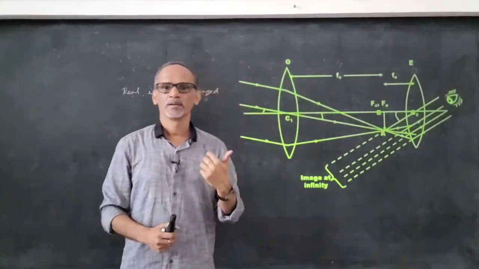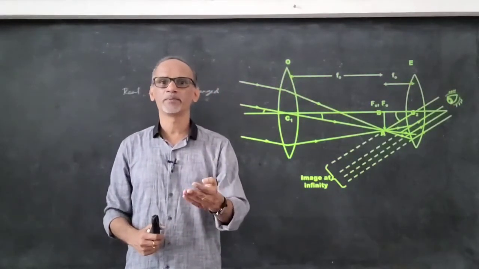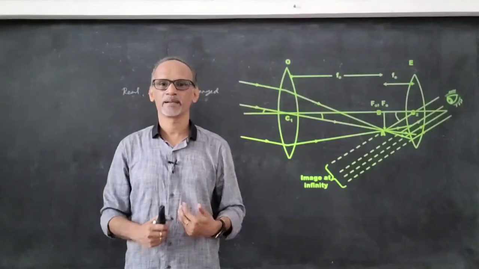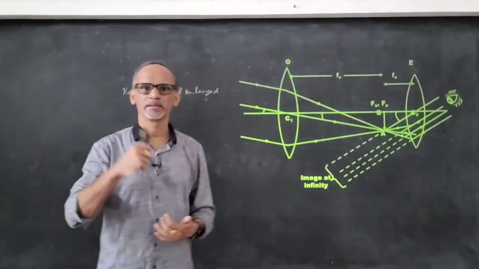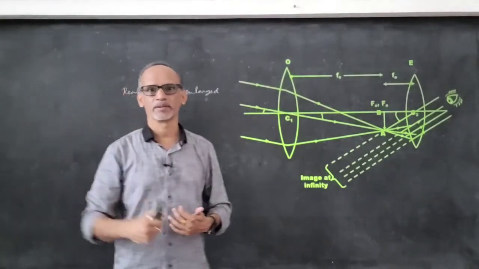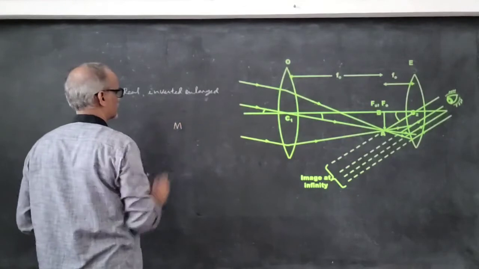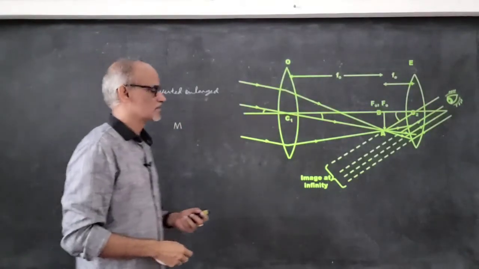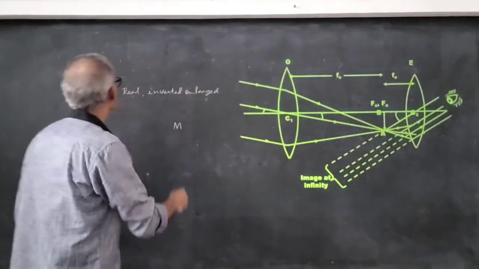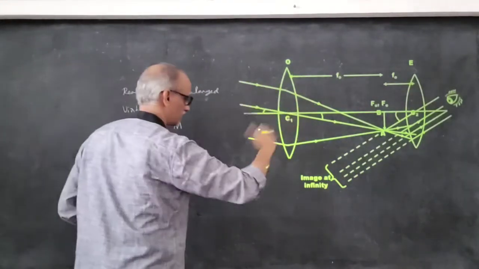So, therefore, in microscope, the image will be formed at the near point, whereas in telescope, the final image will be formed at infinity, that is called at far point. Now, what is the magnifying power of the lens? Okay, by the way, what kind of image do we get here? So, we get the virtual image because it is on the same side.